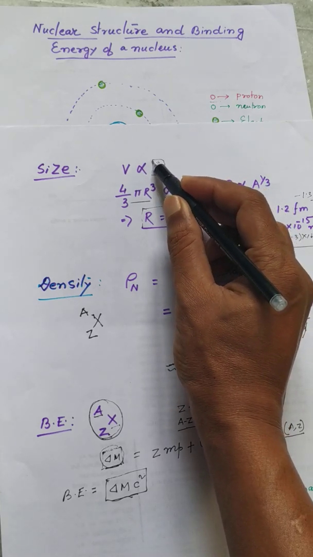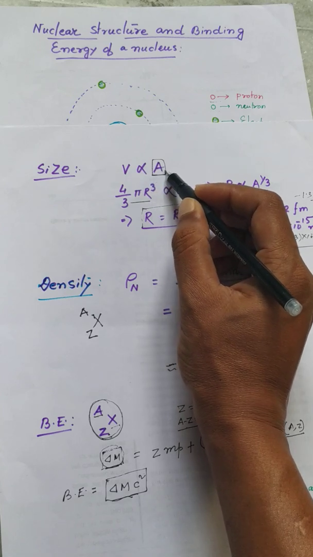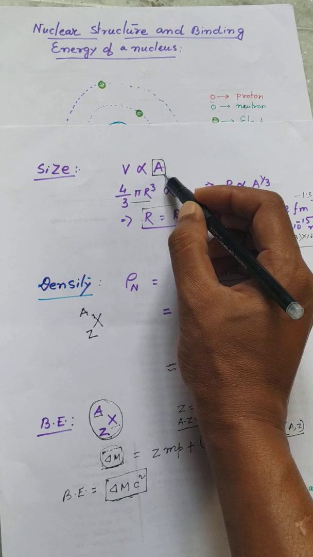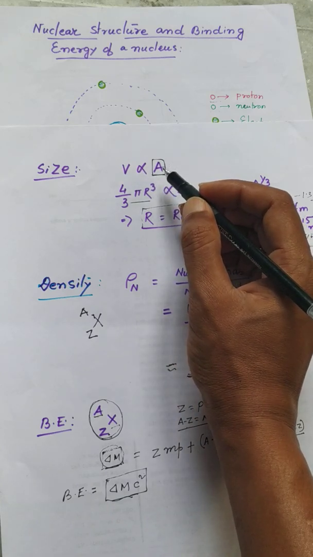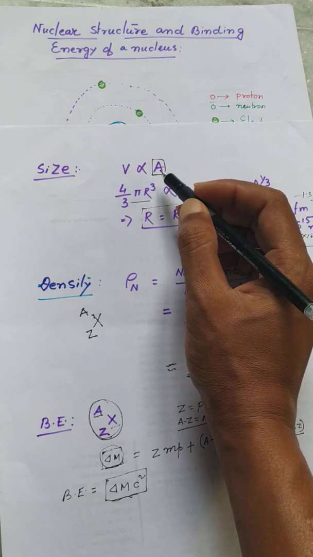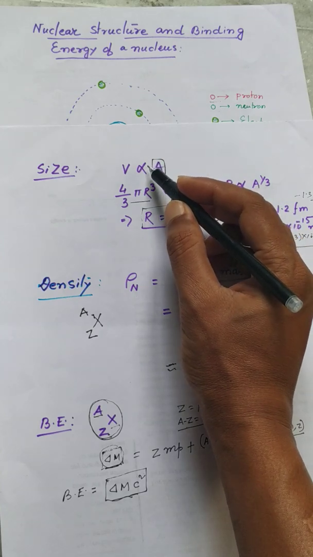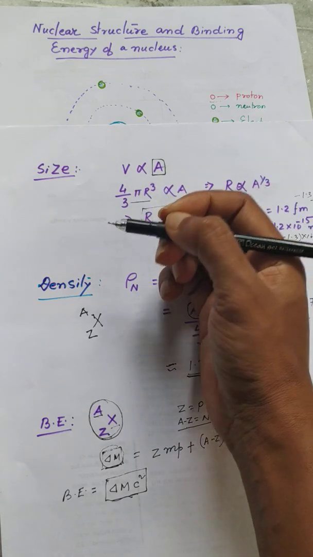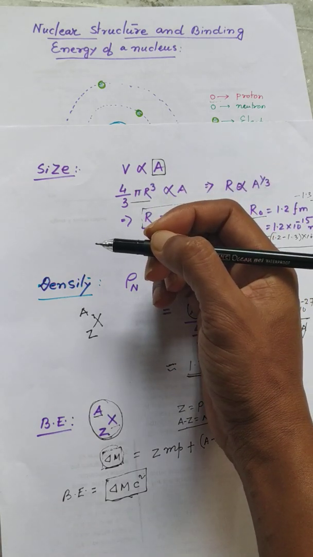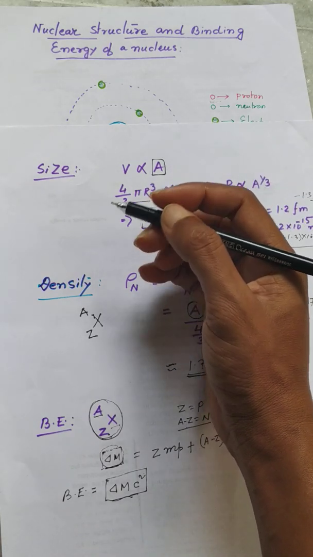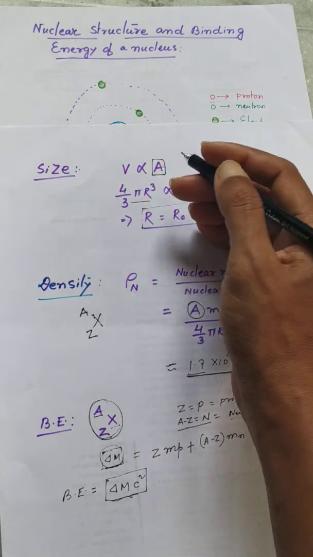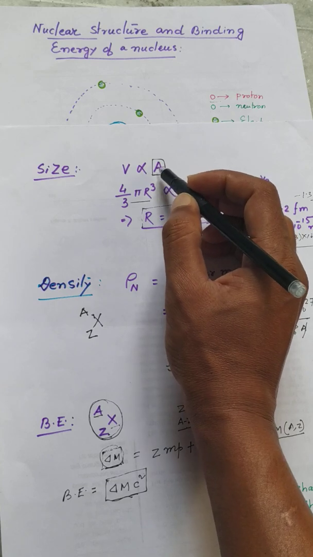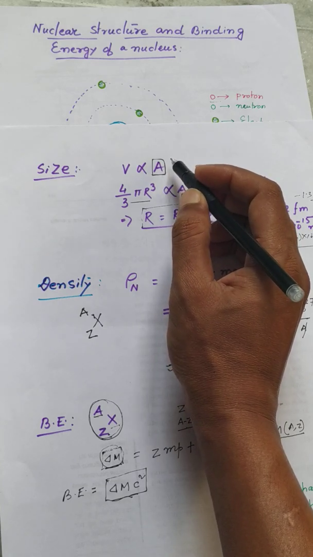This is the number of nucleons in a nucleus, and the size of the nucleus depends on it. With increasing mass number, the size of the nucleus will be greater. So the volume will be proportional to the mass number of a nucleus.